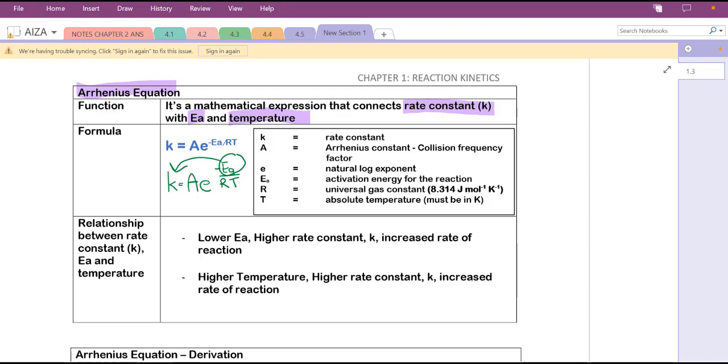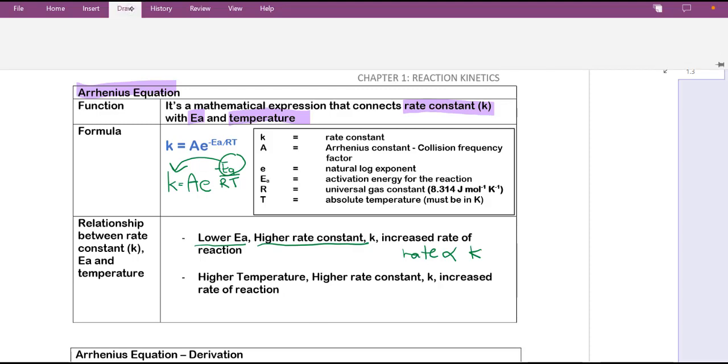So how is activation energy related to rate constant? Lower activation energy, higher rate constant. We know from the rate law that rate is directly proportional to k. So higher rate constant, higher rate of reaction.